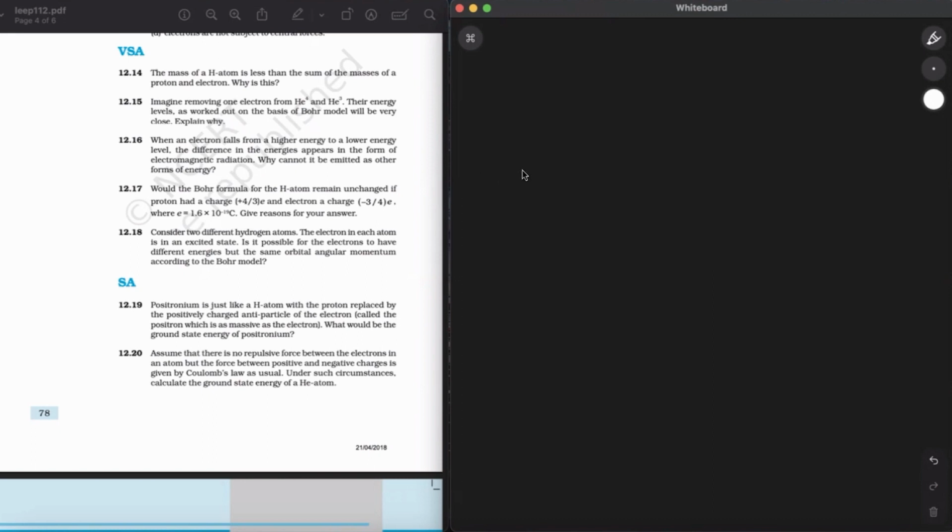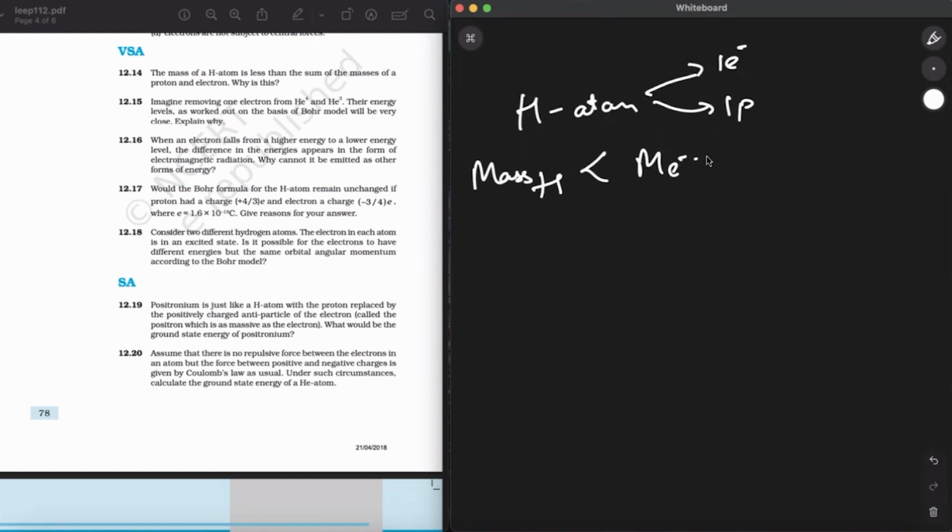There's a hydrogen atom, an H atom, which consists of one proton and one electron. And the mass of this H atom is less than the sum of the masses of the electron as well as the proton.